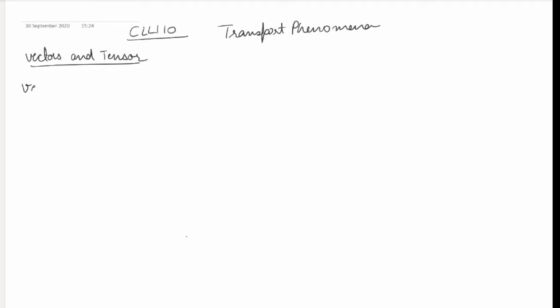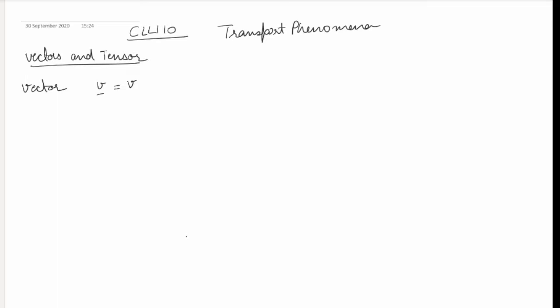A vector, as you know, has a direction and a magnitude associated with it, and it can be written in terms of its components in three directions of a coordinate system, that is x y z, or r theta z, or r theta phi. So we will use Cartesian coordinates here.